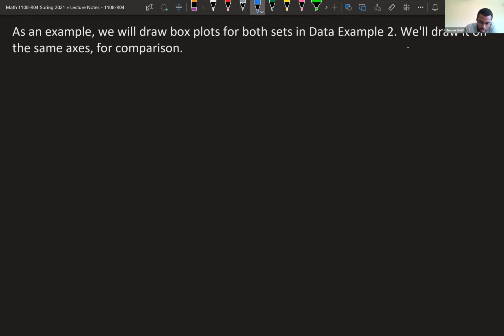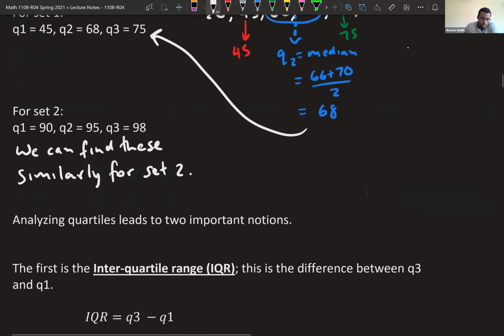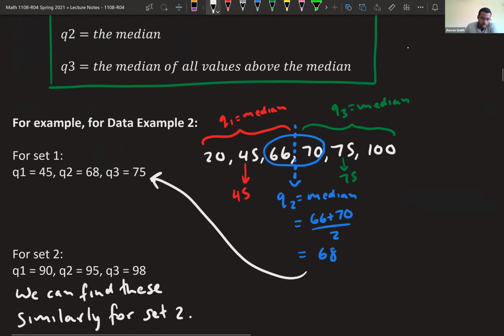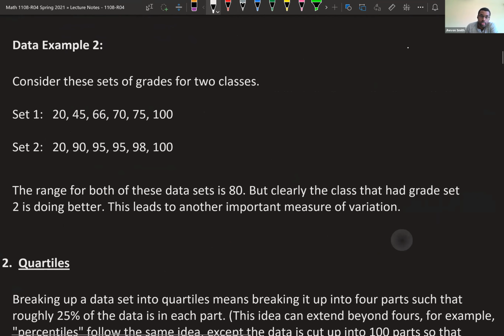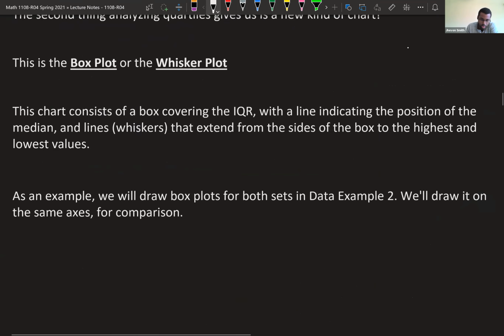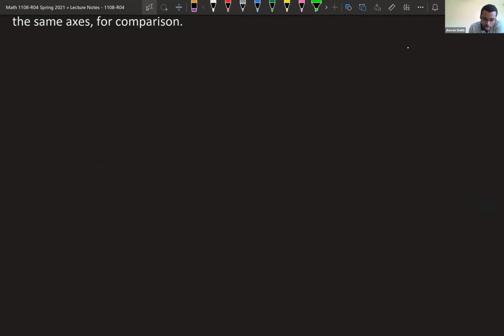Make these a little bit smaller. Okay, so we have these data sets. They range from 20 to 100. So let's say I put a scale. Remember, a good chart has a nice title.